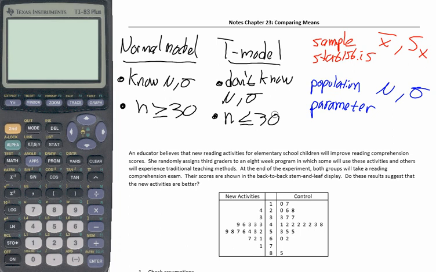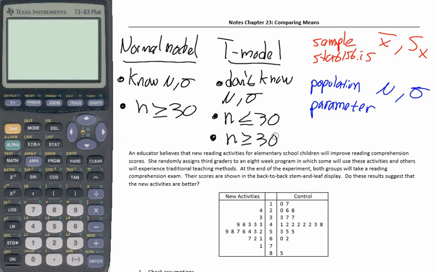You could also use a T model because, let's say you didn't actually know mu or sigma. If you didn't know mu or sigma, and our sample was 50, we're still going to use the T model.